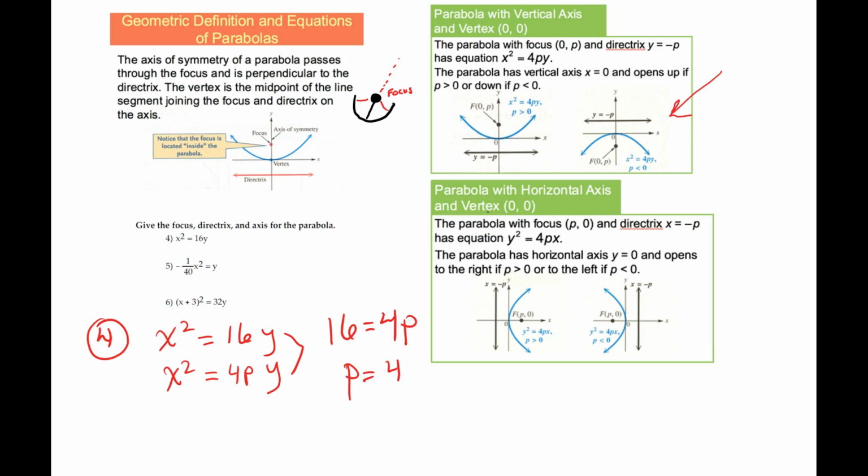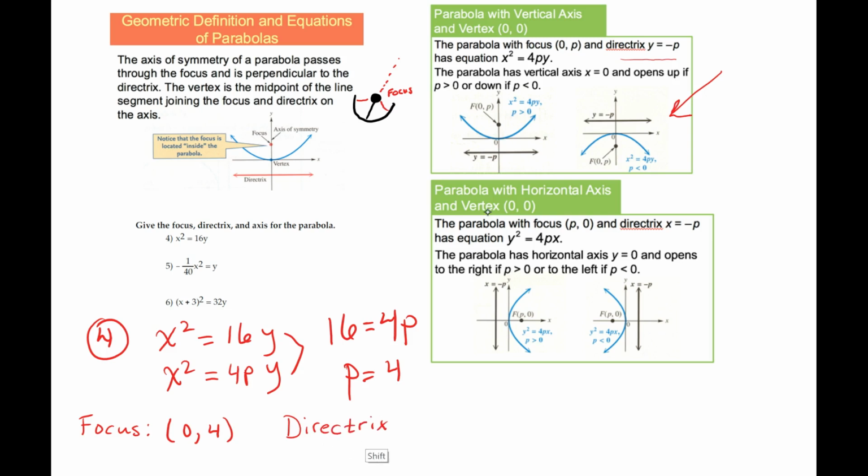So the location of the focus, based on this here, is (0, p). If p is 4, then the focus is at (0, 4). And then the directrix is y equals negative p, or opposite p, I should say.